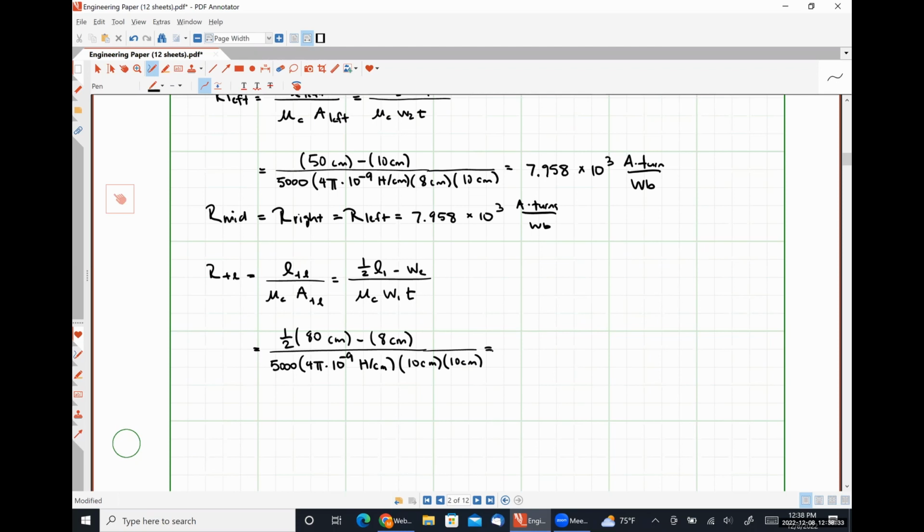Our units are going to work out to be centimeters divided by henries times centimeters, or 1/henries, which is an amp turn per Weber. And if we plug our numbers in, we get 5.093 times 10 to the 3 amp turns per Weber. Are we all okay with that calculation? Everything seems groovy? Great.